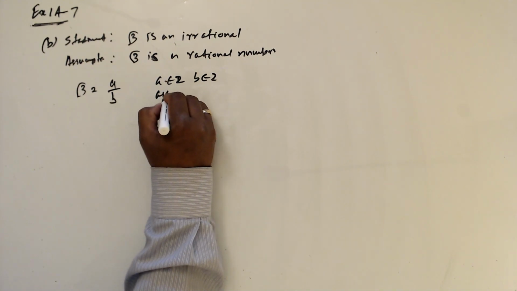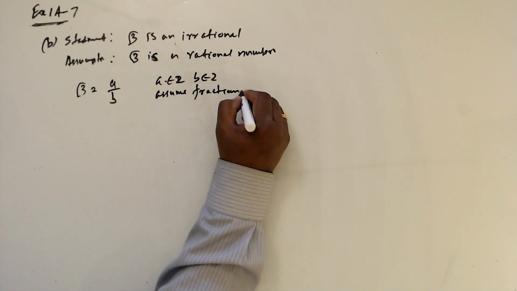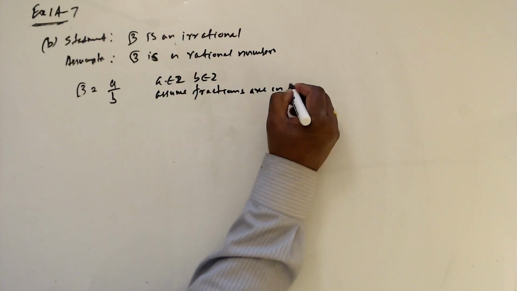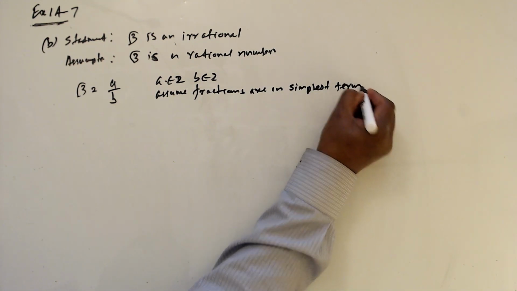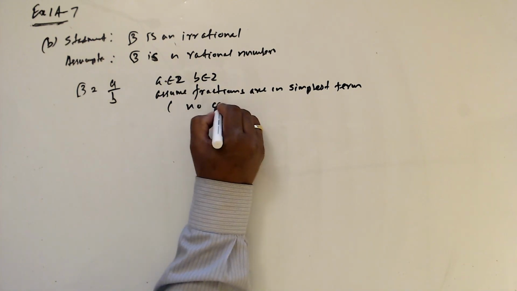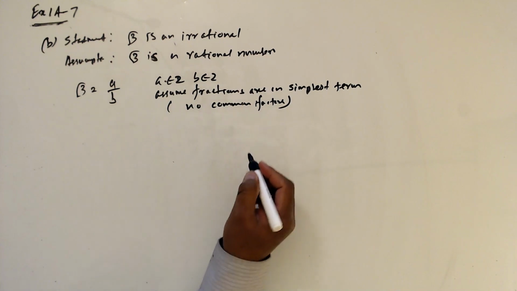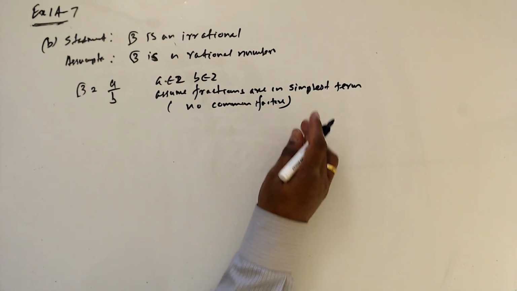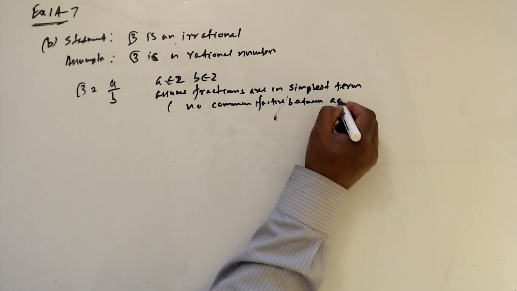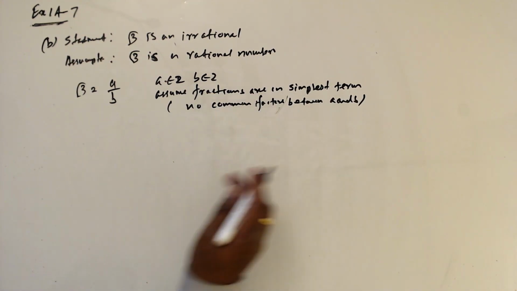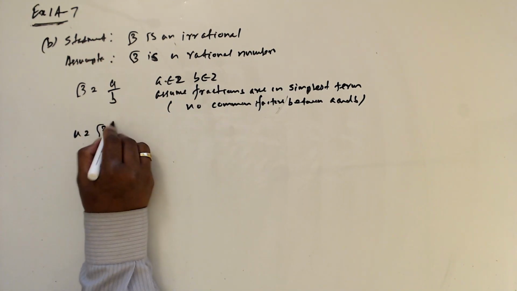So assume the fraction is in simplest terms. It means no common factors between a and b. Now we'll take this one. We can write a equals square root 3 times b.